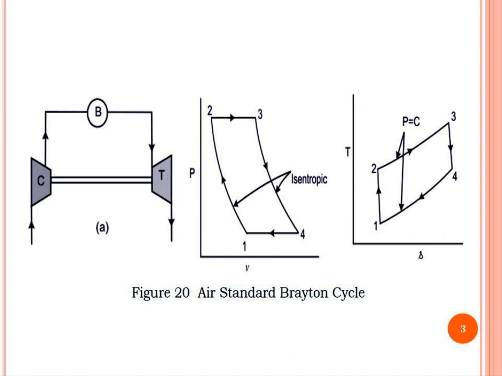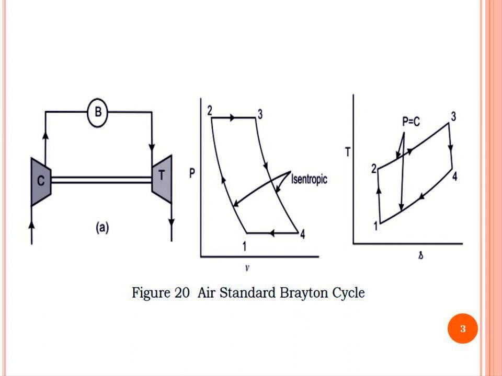Now this high pressure, high temperature air enters the combustion chamber. In the combustion chamber, at constant pressure, high grade fuel is injected.